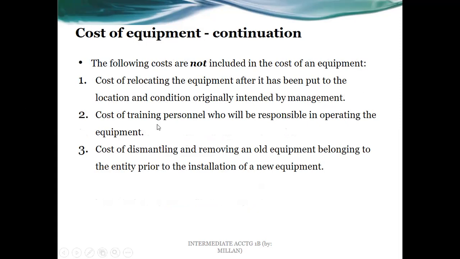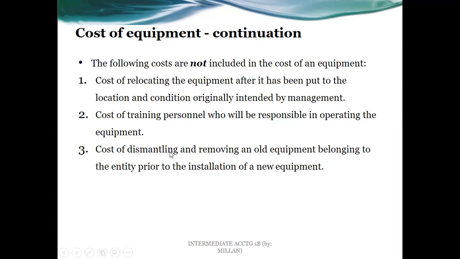Next, training personnel who will be operating the equipment. In that case, guys, we are going to expense immediately, because it is already after the intended use or purpose of the equipment's establishment.